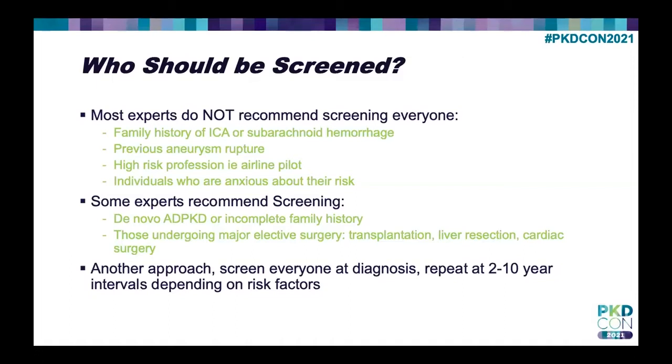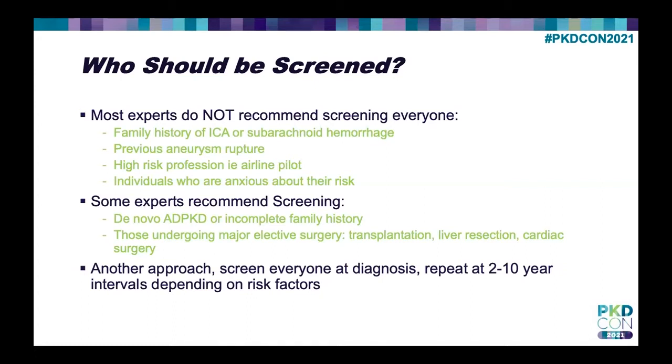If you've had a previous aneurysm rupture, obviously you're at risk and you need to be followed. If you are in a high risk profession, like the classic one that's always cited, an airline pilot, where if you had an aneurysm rupture, it would put the lives of a lot of people at risk. Or we also screen people who are anxious about their risk for whatever the reason.